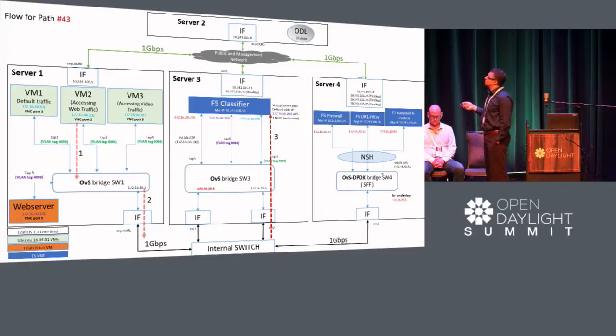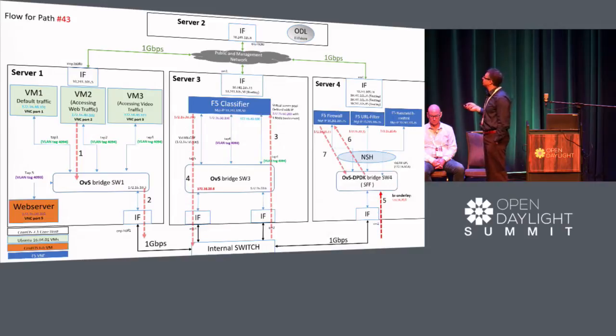So the classifier receives a request. It encapsulates that request and sends it over to the service function forwarder on server 4. After it does that, it looks up its OpenFlow tables and the rules there and says, OK, on ingress, I need to send this packet over to the firewall. And it sends it to the firewall.